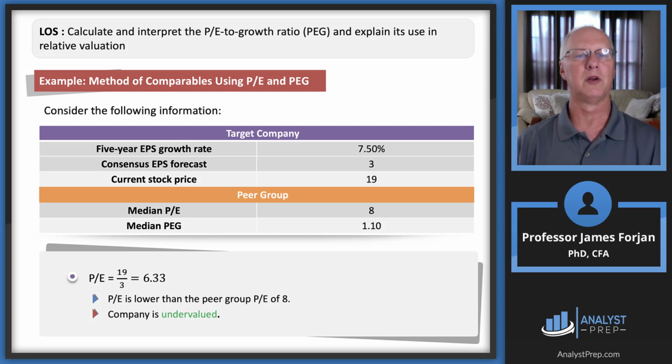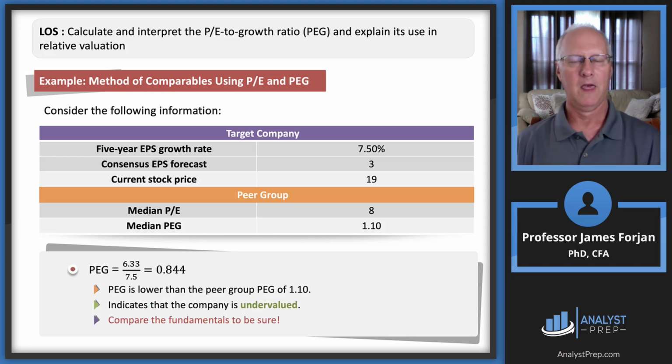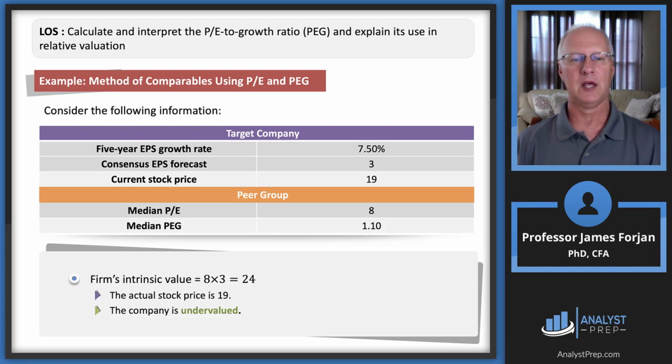So this is probably undervalued. We can do the PEG ratio, 6.33 over 7.5. That gets us 0.844. That's lower than the median PEG ratio of 1.10, undervalued. And then the intrinsic value, we can just take the 8 times the 3 and get 24, and we can say the company is undervalued.